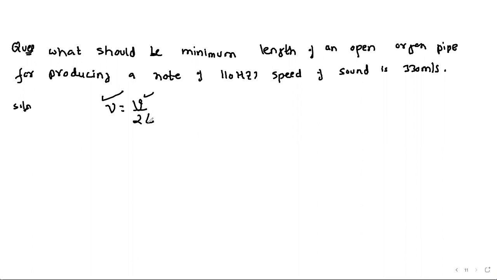Sir, 1.5 meters. Yeah, 1.5 meter, right? So your L is simply v by twice nu. Your v is 330, and 2 into nu is 110, so it comes out to be 1.5. So this is the length of the pipe.